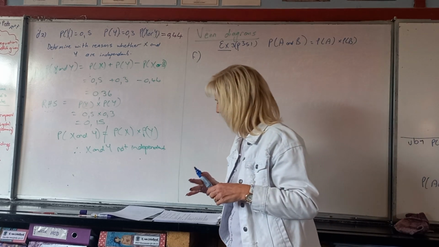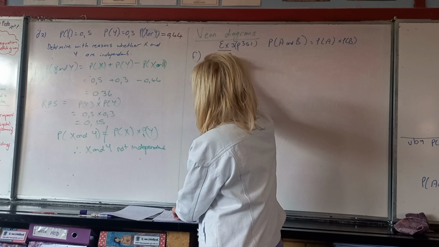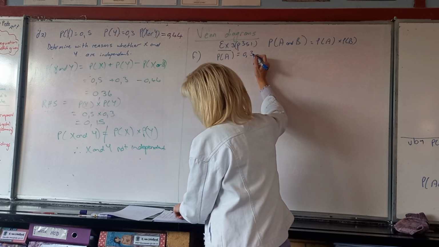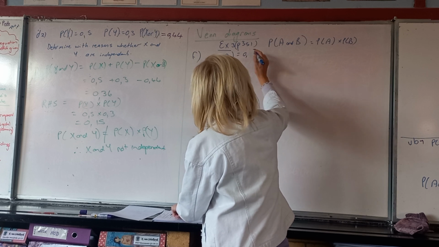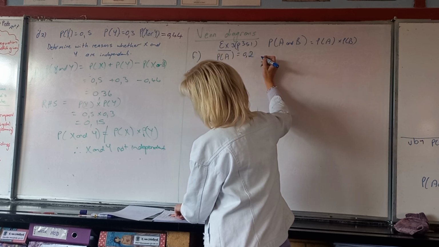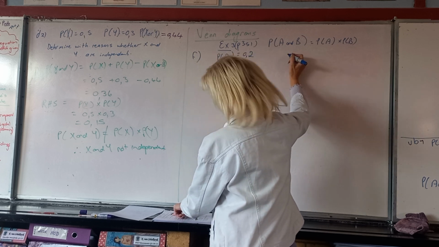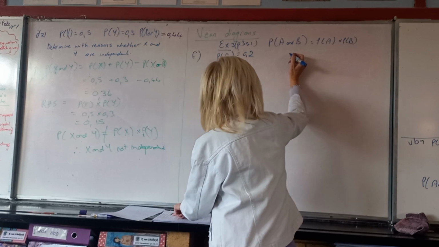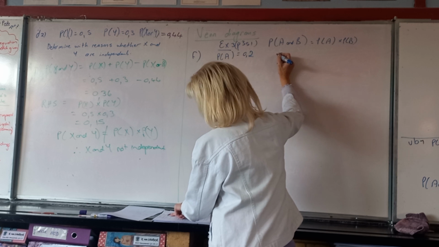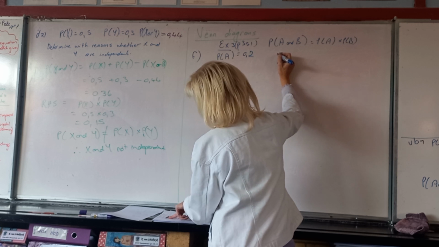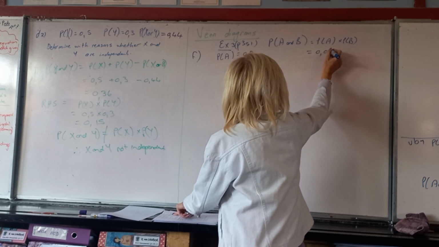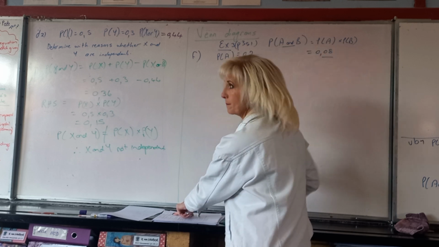And the P(A) was 0,3. Oops, so no, I'm wrong. P(A) is 0,2. I'm reading in the wrong place. And P(A and B) is equal to 0,08. So that one is given.